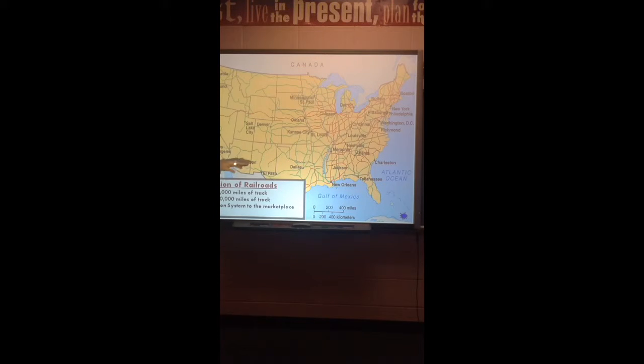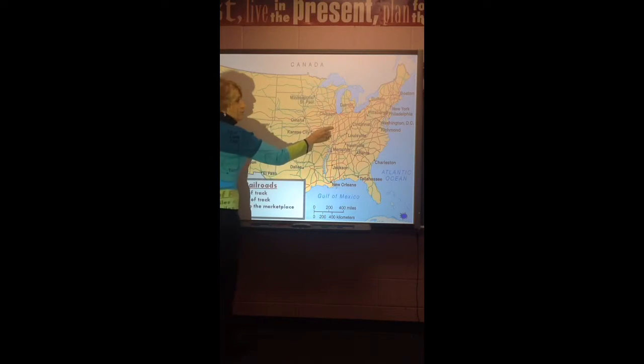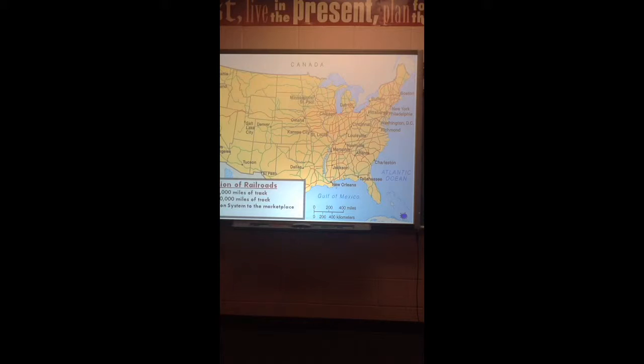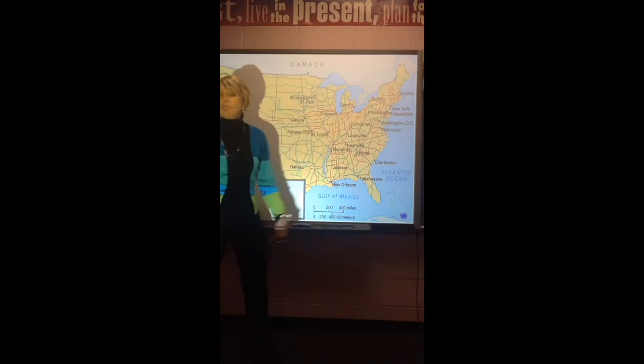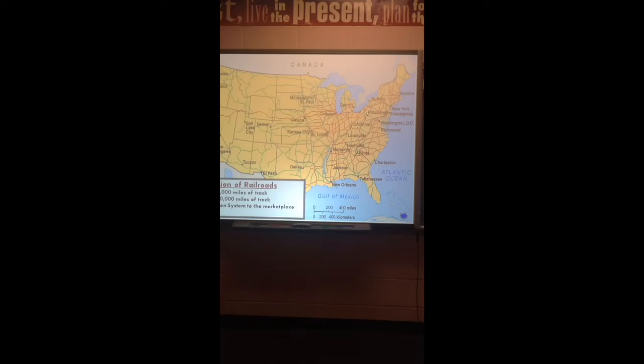So all of a sudden, if you have cattle ranches in Texas, you ship those cattle by train up here to Chicago to the stockyards. From there, the train will allow you to ship that meat and that supply all over the East Coast.